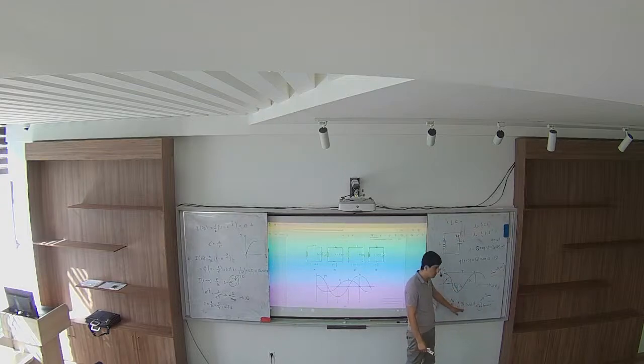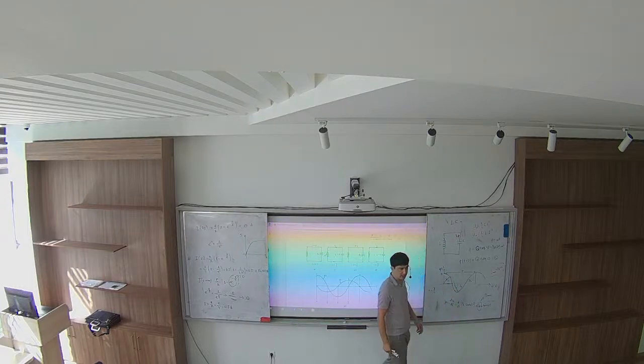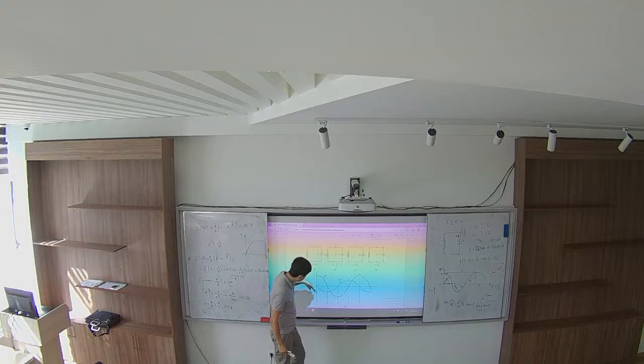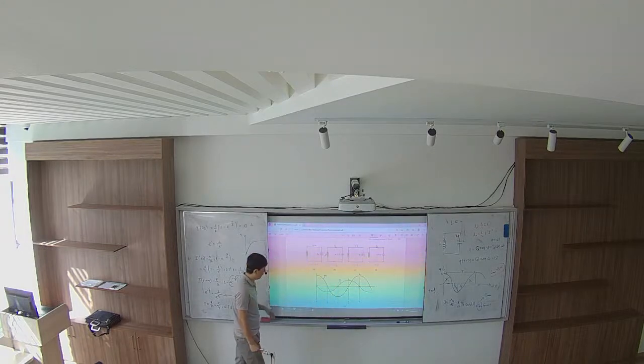The derivative of the cosine is minus sine. This is why the current starts from the negative part. Any question?